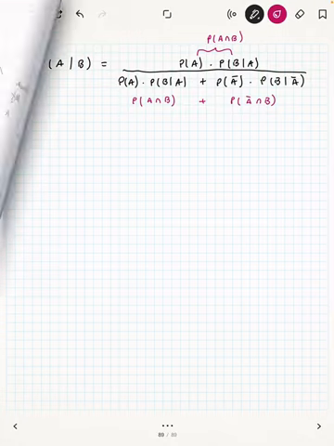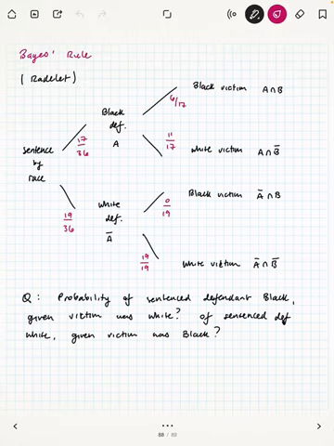So in other words, if we go back to this example, to find out the probability that a defendant is black given the victim was white, that is in this region. So we're looking at this branch.